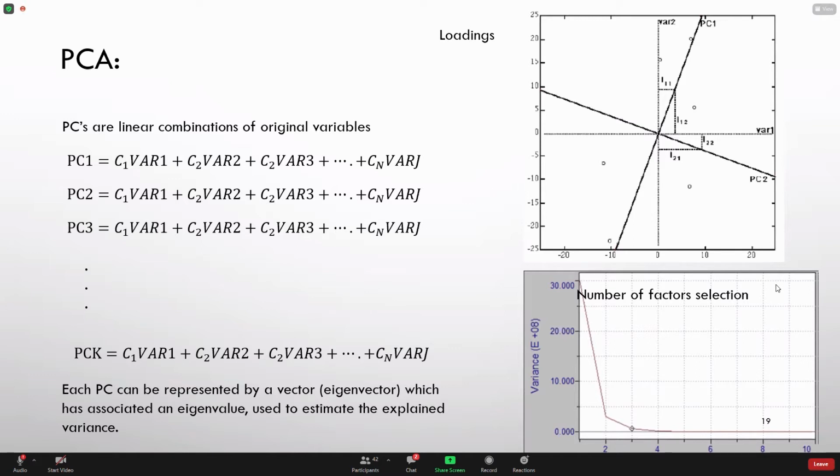But if I reduce these J variables to 3 principal components, maybe I will not have 100%, but I will have 90%, and that's so good, okay? Maybe it's low, 20% is very low, so I have to try to get more variance or more information using other preprocessing techniques to improve my results, okay?